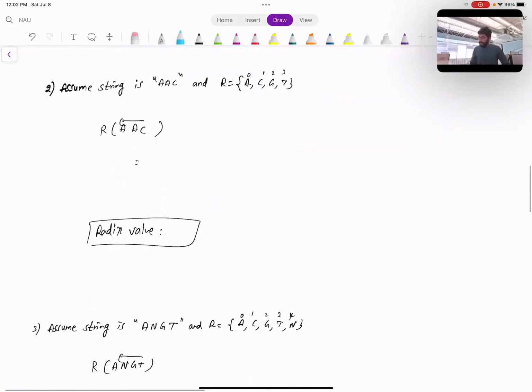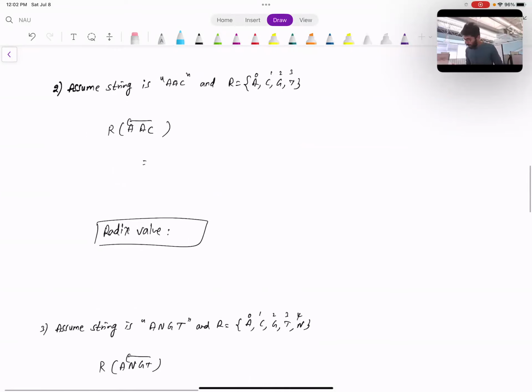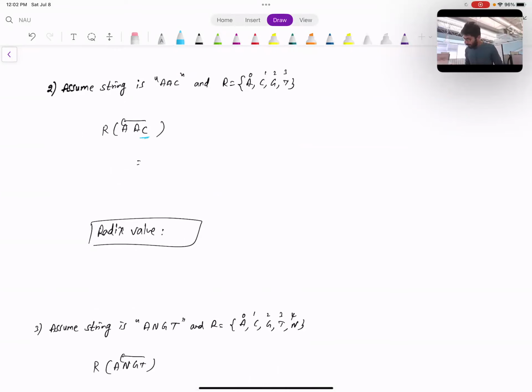Now what is AAC? Pick the first character, C, correct? What is the base value of C? It is 1. 1 into 4 power 0. Why? Because again here the base is 4 only. You have only 4 characters. 1 into 4 power 0 plus, pick this character now, A. What is A? 0. 0 into 4 power 1 plus, now pick the other A. What is A here? 0 in base notation into 4 square.